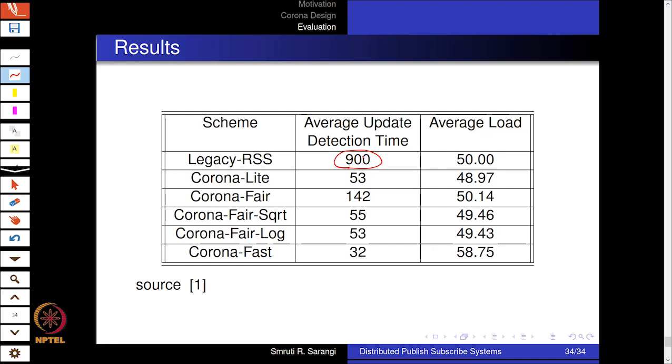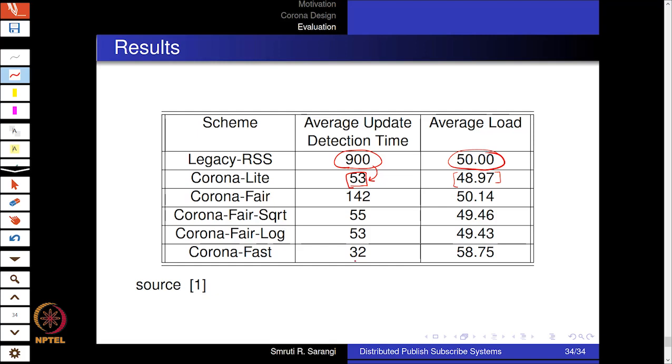The average load, let's look at that in arbitrary units, was 50. Corona Light, which tries to minimize the update detection time subject to a constraint on the load, immediately brought it down to 53. And the load also remained similar to 50. The aim was never to increase the load beyond what a legacy RSS system would produce. So it brought the load to 48.97 with 53.